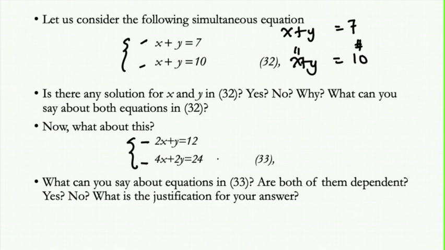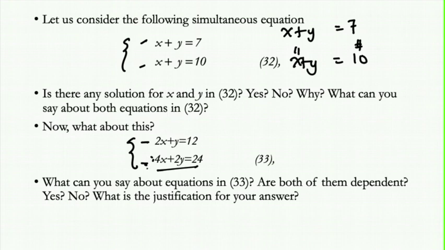In the second one, 4x is twice of 2x, 2y is twice of y, and 24 is twice of 12.